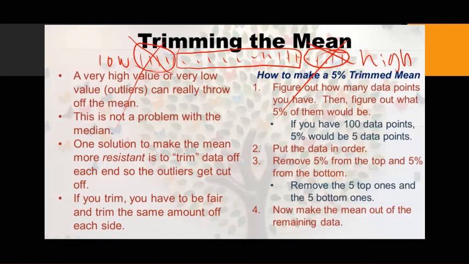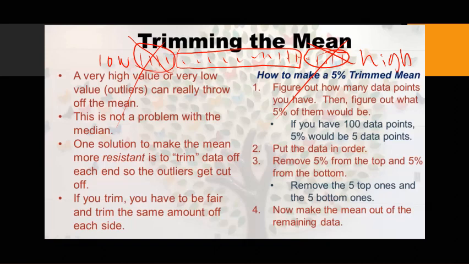And of course, if you do a trimmed mean, you have to say it and you have to explain why. In any kind of study that you're doing, if you use a trimmed mean, you need to explain why you feel those outliers should not be included in the mean, why they're throwing it off.